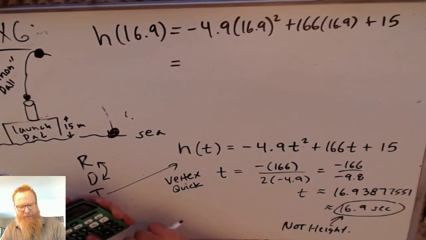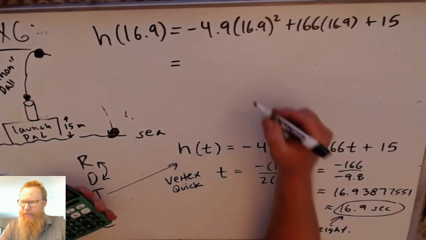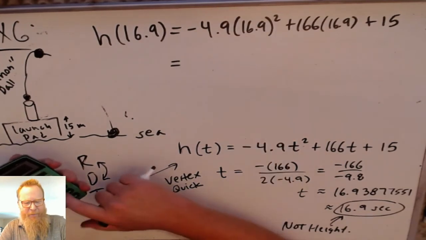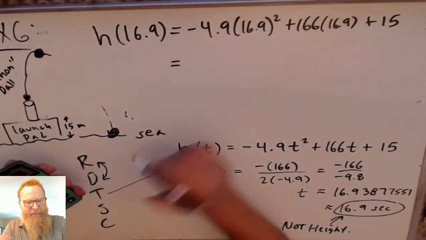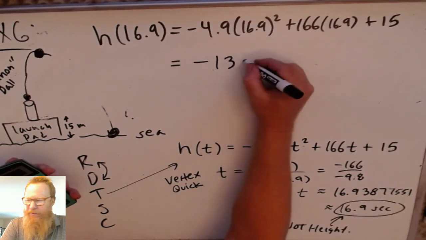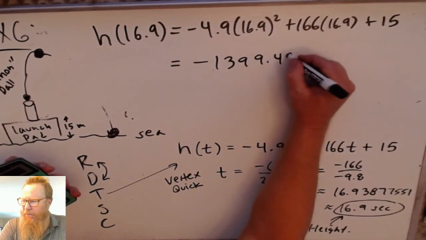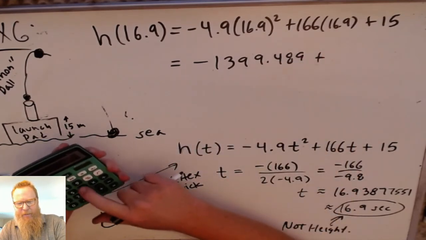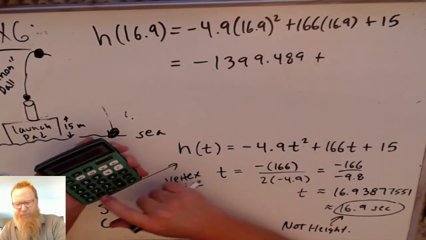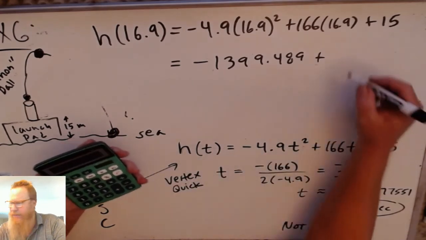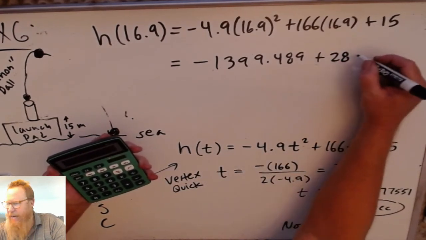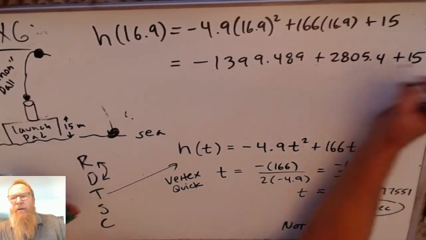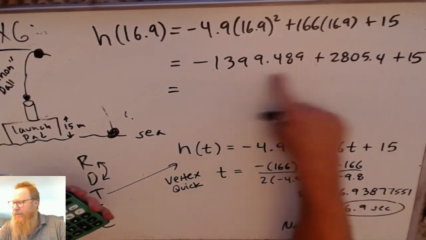16.9 times 16.9. And then I'm going to square that first and then multiply by 4.9. And I'm going to get negative 1399.489. 16.9 times 166, 2805.4 plus 15.